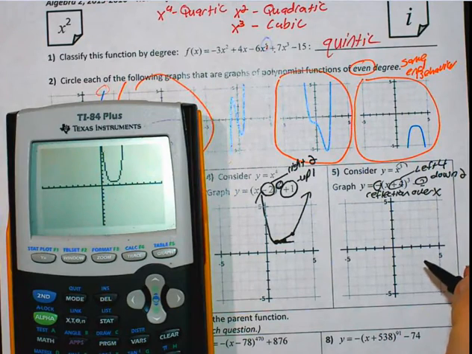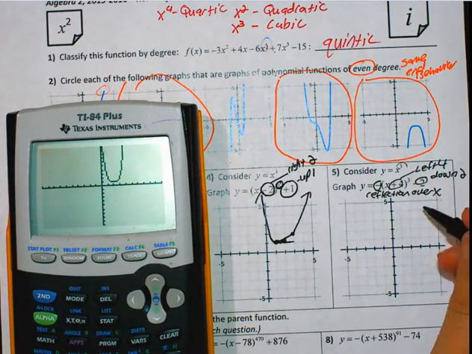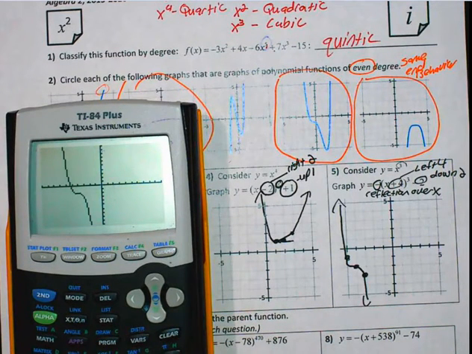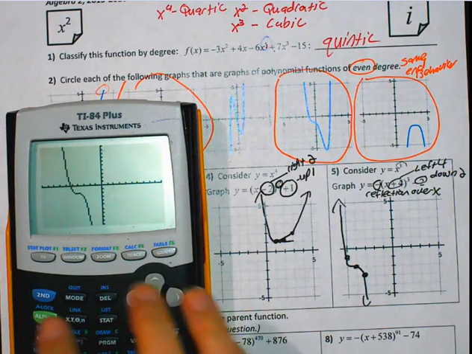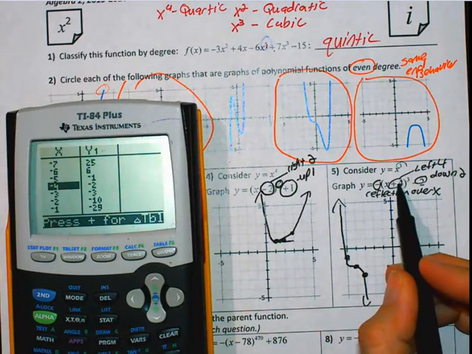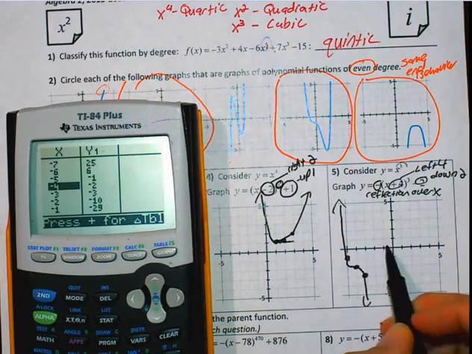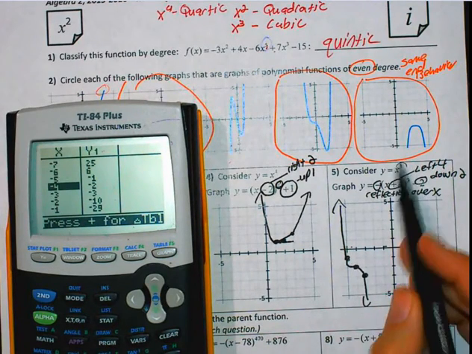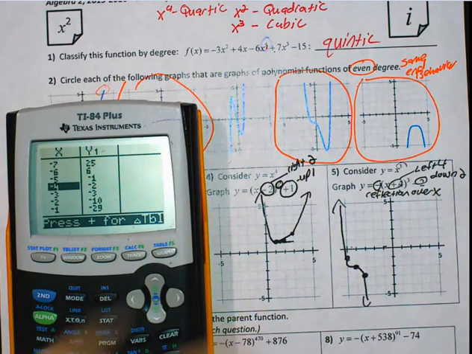So you should be able to go ahead and sketch that. You can also double check it in your calculator. Okay, there's your graph and there's your sketch. Don't forget you can go into the table and find your points, but this right here, we know we went to the left 4 and down 2, which is going to give us that point right there, and it is a cubic function. All right, let's go on.